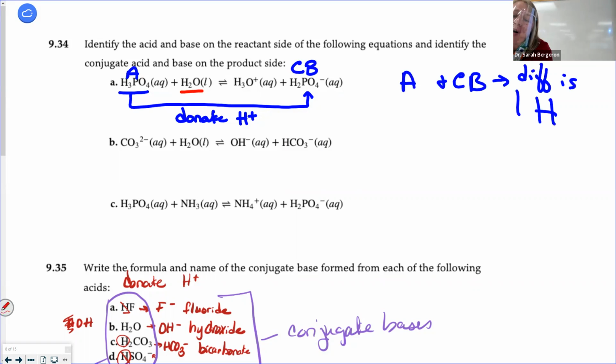What's happening to water? Water is accepting, right? So what do we call something that accepts a hydrogen? A base. That base turns into a conjugate acid.